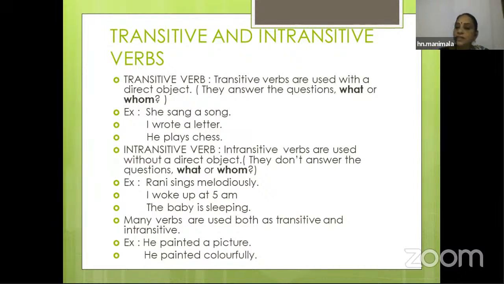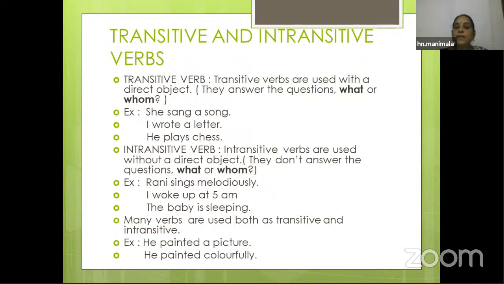Here you can observe, compared to the first example of a transitive verb, she sang a song, what, a song. But here Rani sings how? Melodiously. So it is answering how.